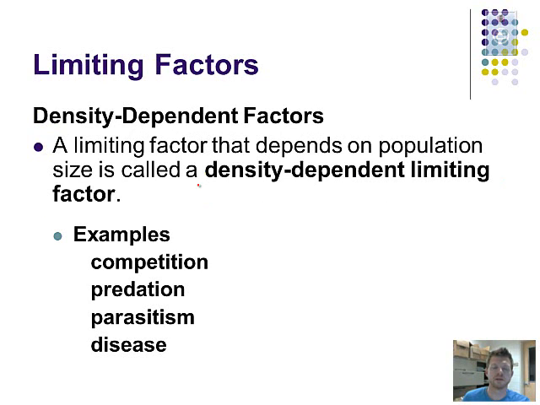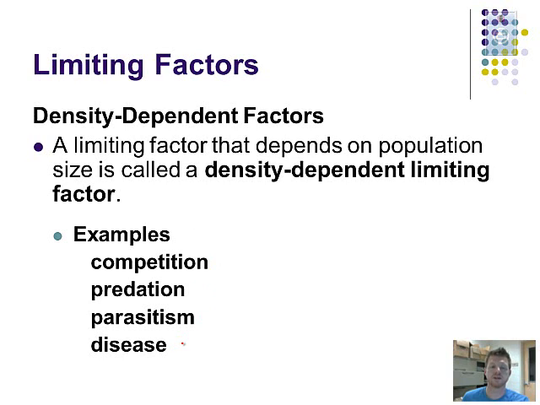There are two types of limiting factors. One is density dependent. As the density increases, we're going to see this particular factor amplified a little bit. The more organisms there are, the more competition. The more organisms there are, the more predation can occur. The more organisms there are, the more parasitism can occur.